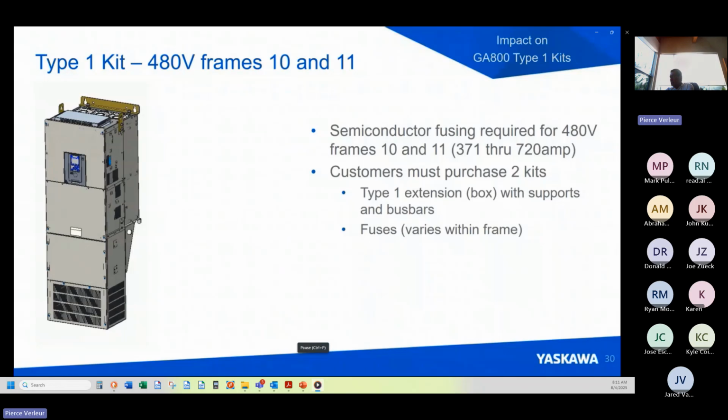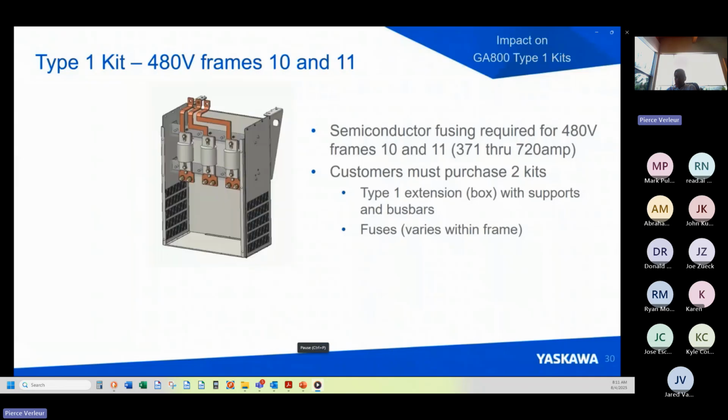Since the only thing that really can protect that drive in a standalone situation is semiconductor fuses, we have made a special Type 1 kit that is large enough to house semiconductor fuses. This is the only Type 1 kit available for these two frames of the 480 volt. And internally, it looks like this. It consists of the Type 1 sheet metal itself, plus some supports and bus bar for the fusing.